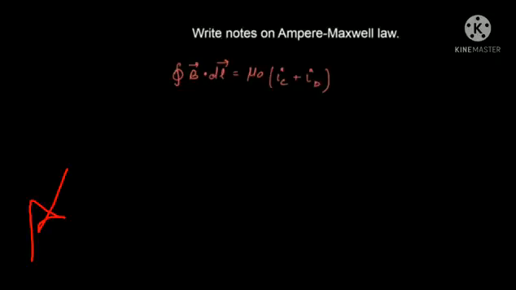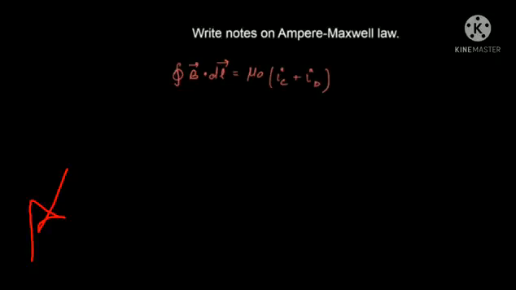In this equation, IC is the conduction current and ID is the displacement current. So basically, the Ampere-Maxwell law shows that both conduction current and displacement current produce a magnetic field. This mathematical relation is known as the Ampere-Maxwell law.